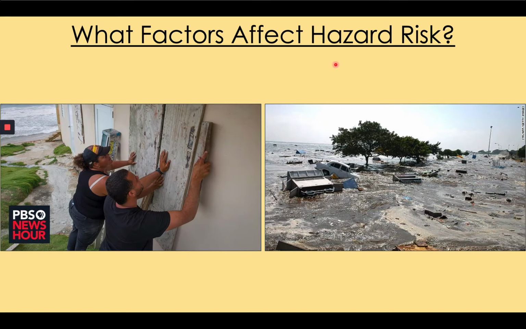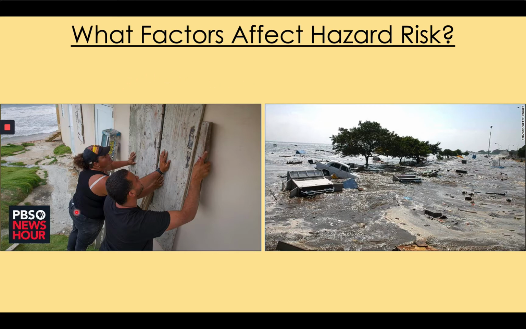What about this? On the left, these people are preparing for a hurricane. And on the right, this place has been hit by a tsunami. Now, what's the difference? Well, it's easier to predict hurricanes, and we have a longer time before they occur to prepare for them.